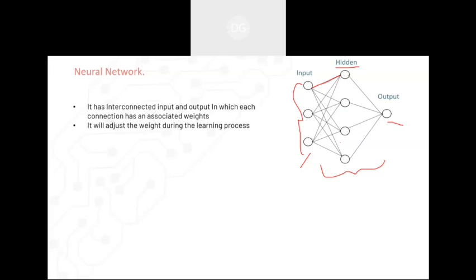In the hidden layer, each unit is called a neuron, like how the human brain has neurons. Similarly here also we will have neurons. These neurons are connected with each other, not vertically but horizontally.